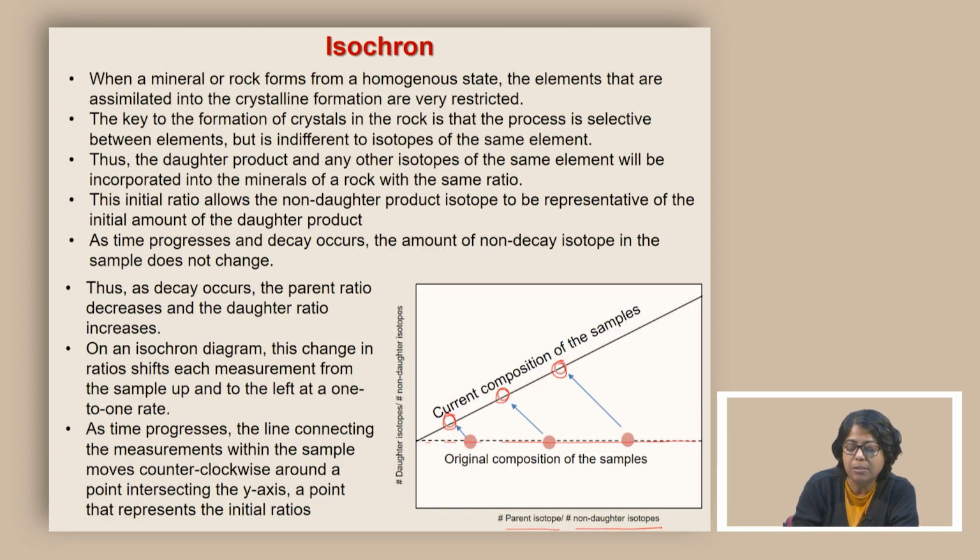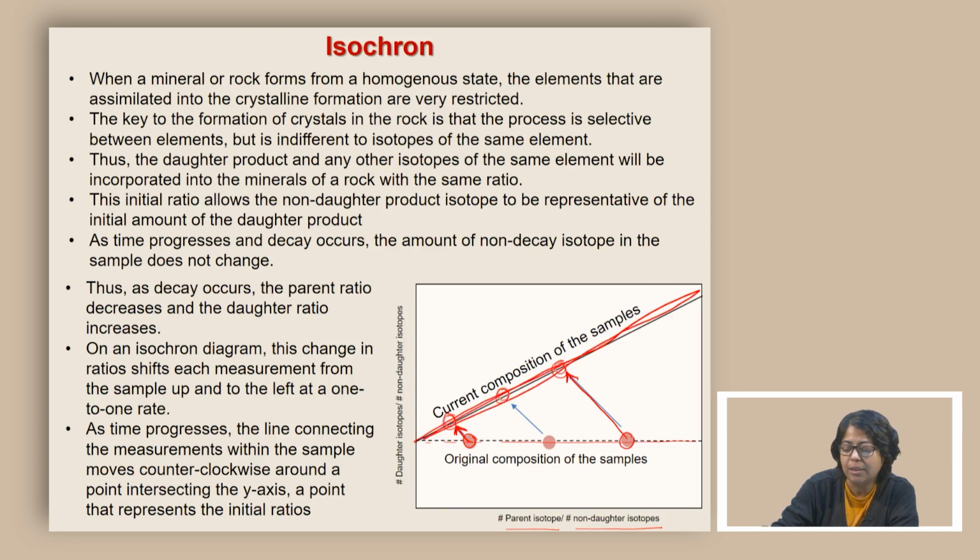Now, what these patterns represent is basically the current composition of the samples, and they have evolved from the original composition, because the more it has in terms of the parent element divided by the non-daughter isotope, the farther it's going to move, and the less it has, the less it's going to move, but maintaining a balance, and therefore this line is the isochron line.